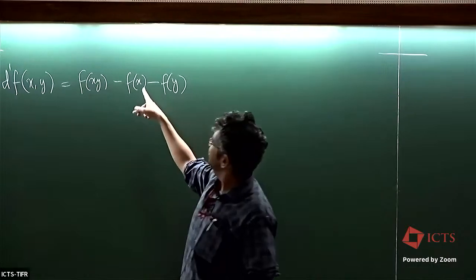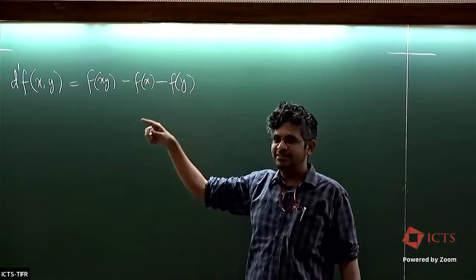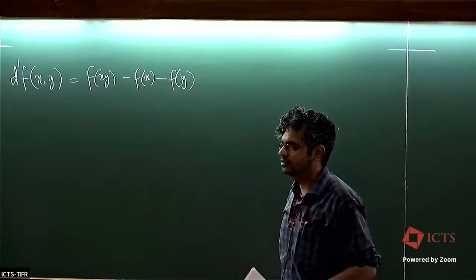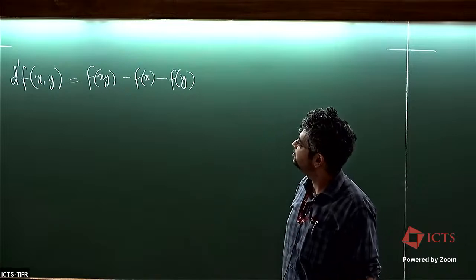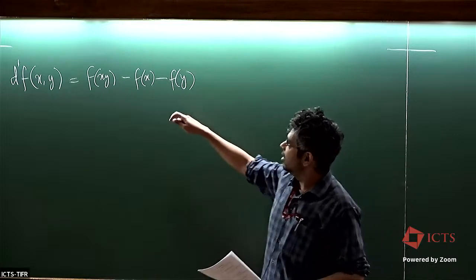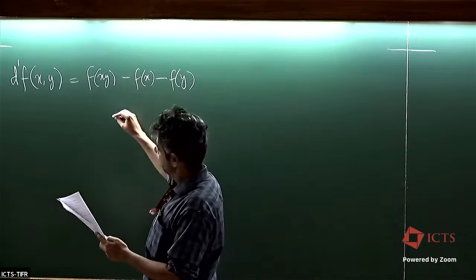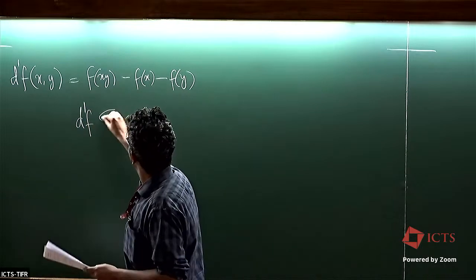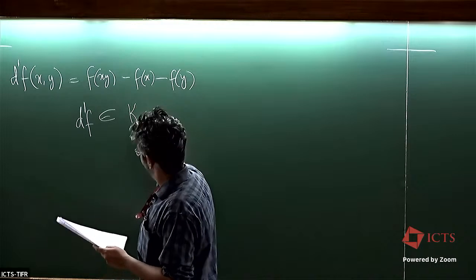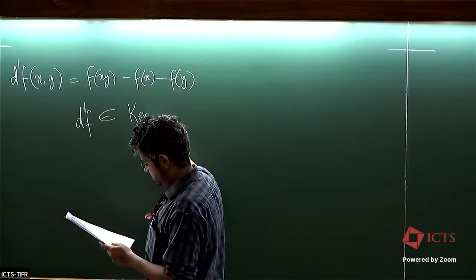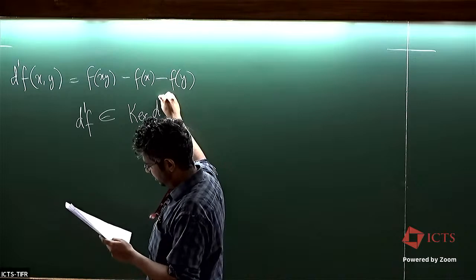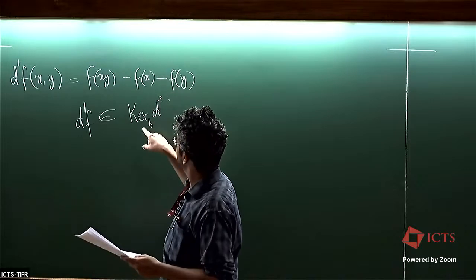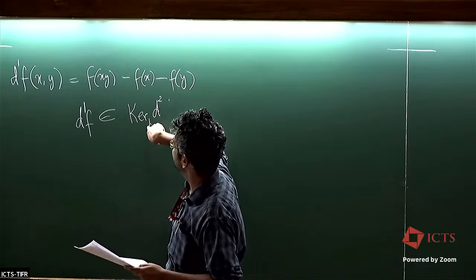I think usually they write it as f of x plus f of y minus f of xy, but there's no difference. So d1 of f, if you notice, is actually a cocycle.